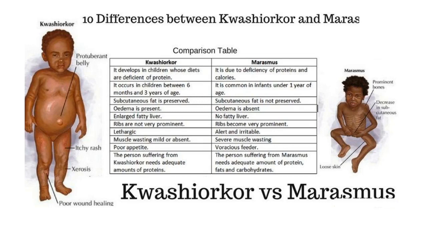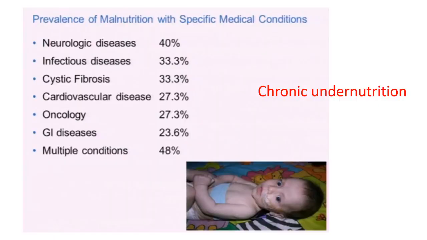Usually it's moderate and severe, and we can see more visible skin problems like discoloration, like atrophic macules, and we can see discoloration of hair. So the main differences are edema, discoloration of skin, and problems with the nails and hairs. And marasmus, you can see, is the classical picture of malnutrition.